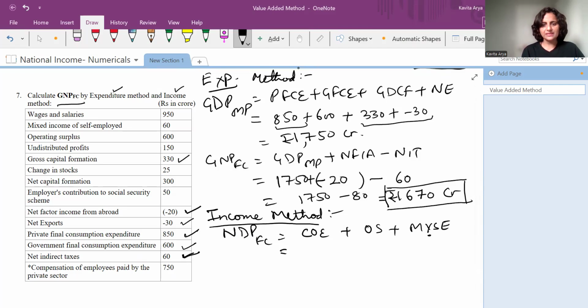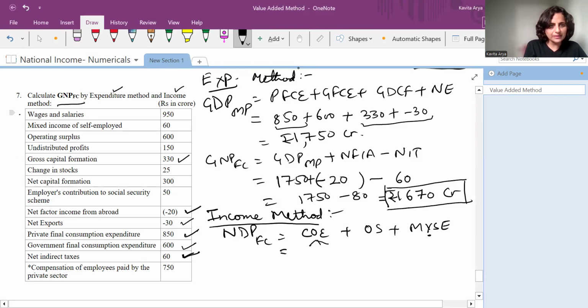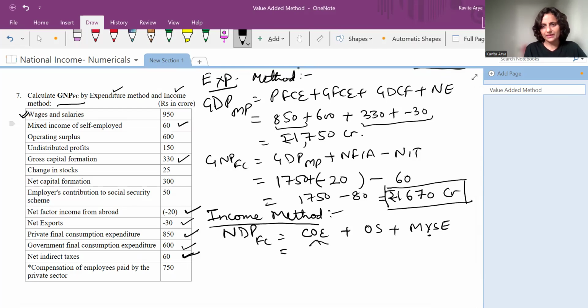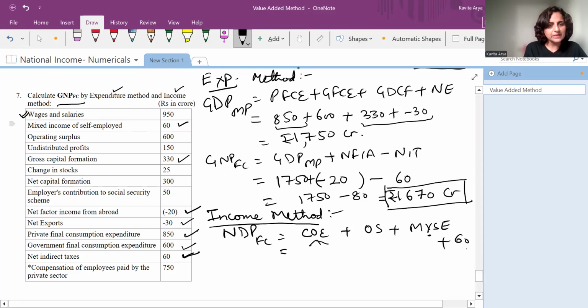COE, here COE is not mentioned, but because I saw wages, it means the cash component is given. Mixed income also is given. I can write mixed income here 60. Right, compensation and then employers' contribution, so that would be added. So wages and salaries, 950 plus 50, I should be writing 950 plus 50. Is there any component in kind?